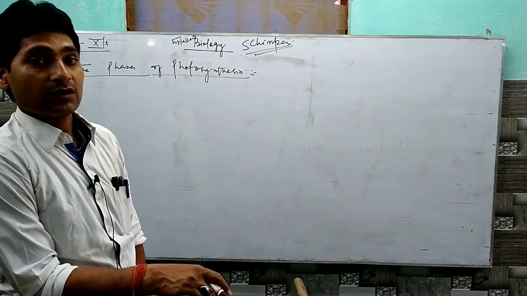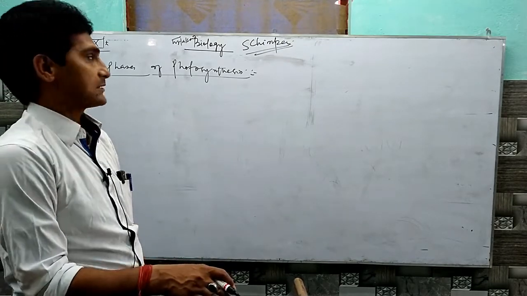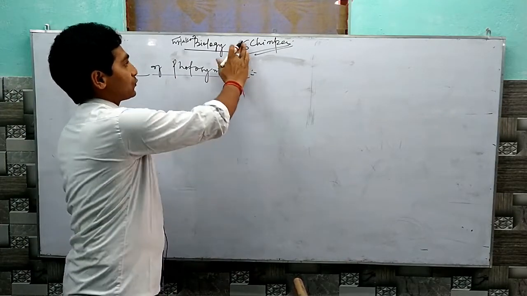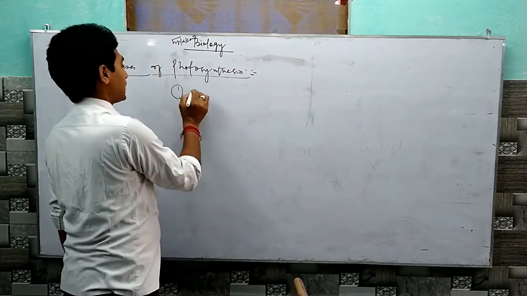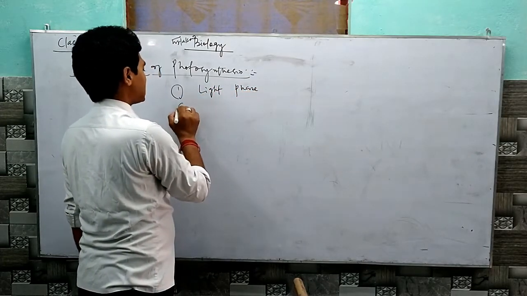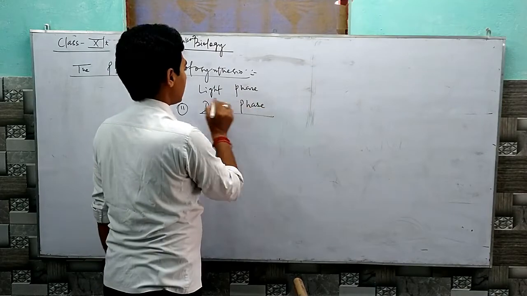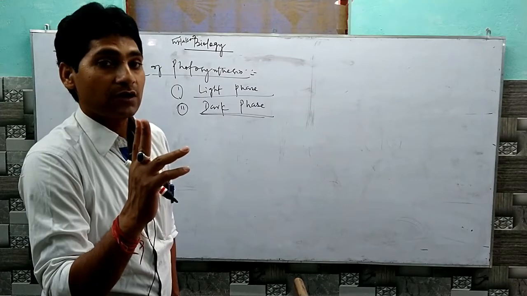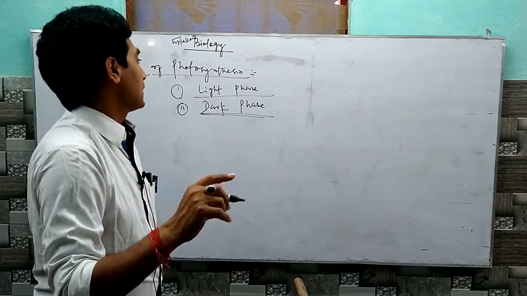Dear students, these are the steps in which the process of photosynthesis completes. Photosynthesis mainly completes in two different steps. First is the light phase, and second is the dark phase. Light phase and dark phase are the two different phases in which the whole process of photosynthesis completes.